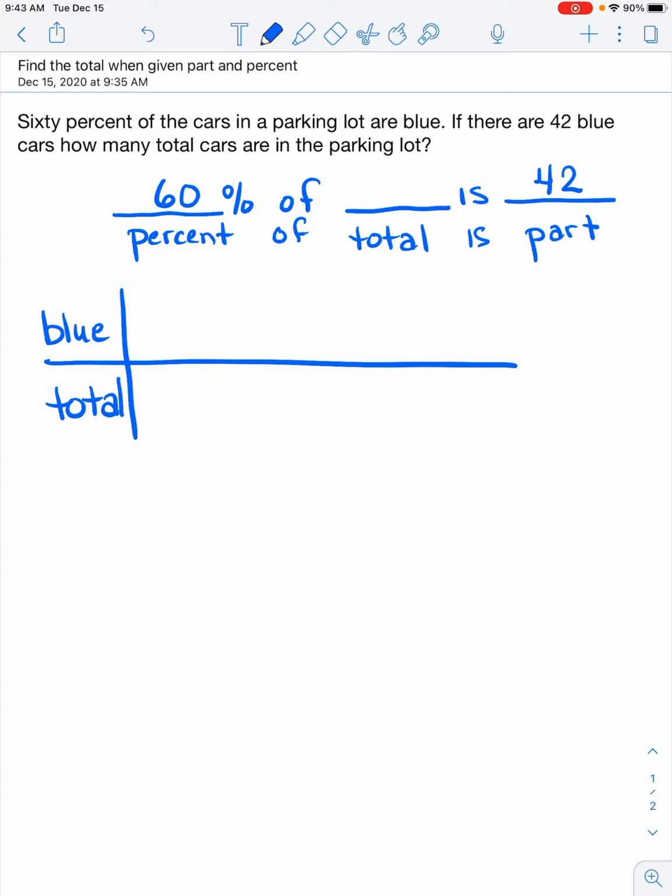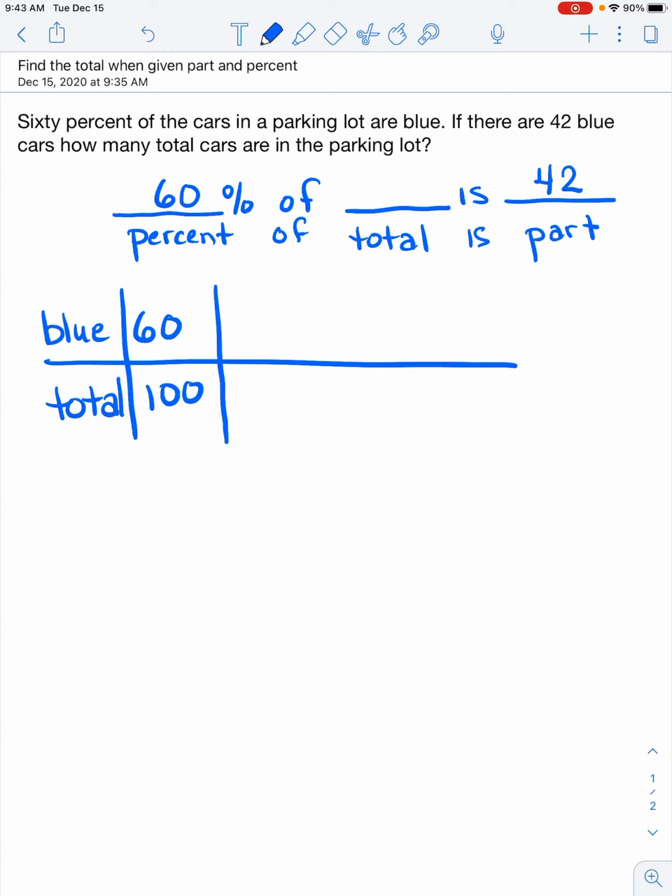I have the percent, and the percent is always going to be put in the table the same way. 60% will be written 60 out of 100 because, again, a percent is a part to total ratio where the total is always 100. And now we have this 42.